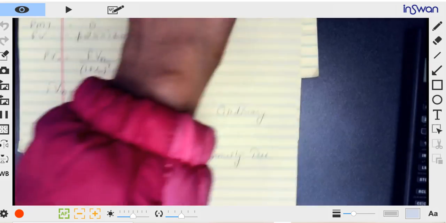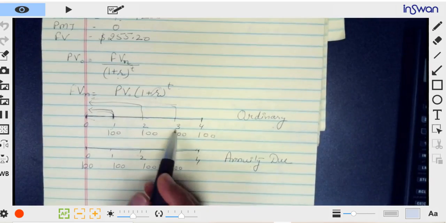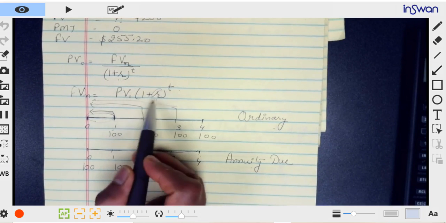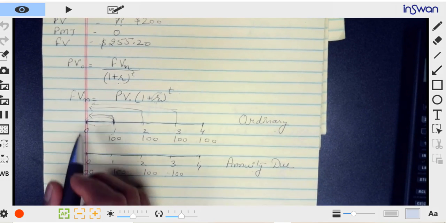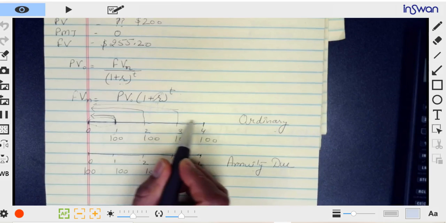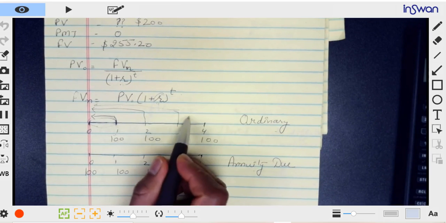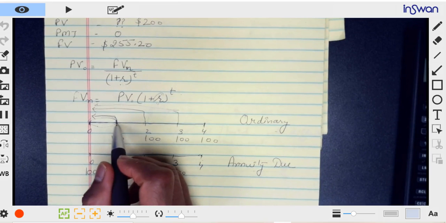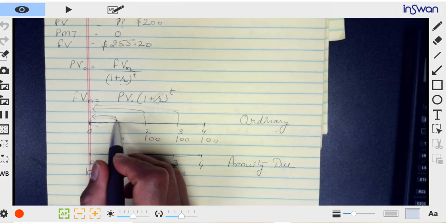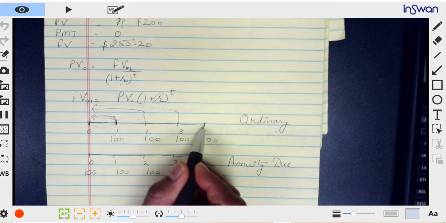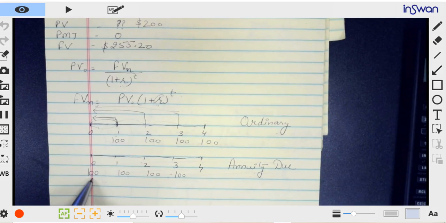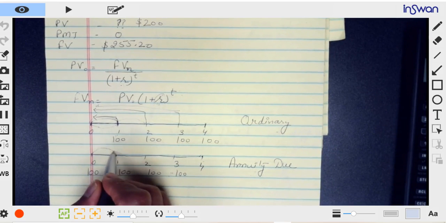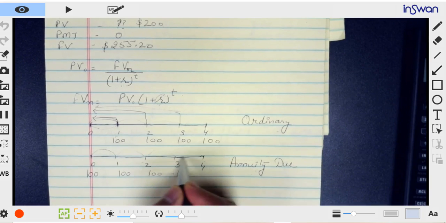Let me show you, if you want to calculate the future value in both these situations. This is the formula for future value, right? So you will calculate this one here, this one here, this one here, the time interval, this, and this. If the same thing happens with the annuity due and you want to calculate the future value, basically one time extra you are getting interest, because the future value has to be at this time.